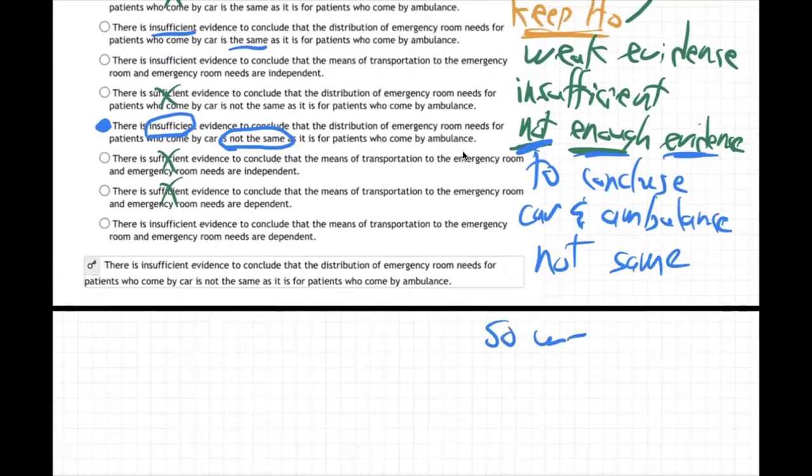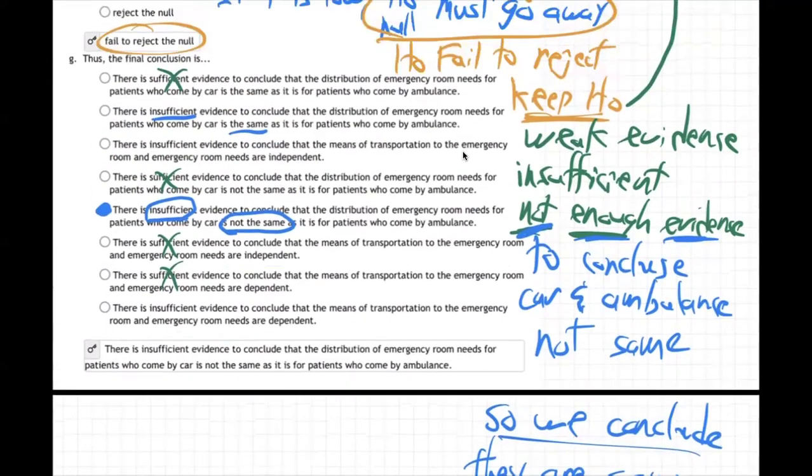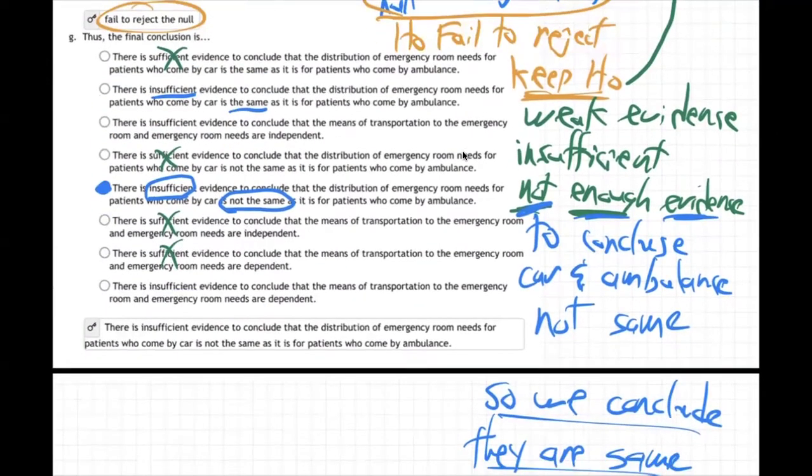So we conclude they are the same. They don't put that last part on there, but that's what it means. Are you tracking with me? It's a double negative, you see? It says there's insufficient evidence to conclude that they're not the same. There was not enough evidence to conclude they're not the same, so we conclude they are the same.